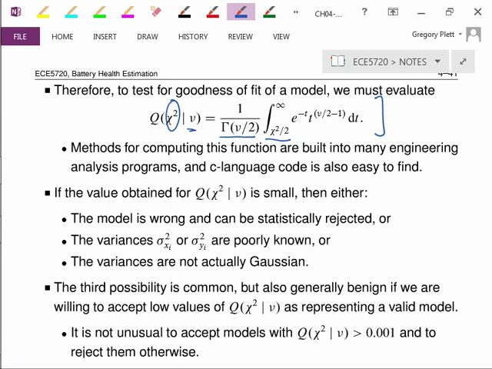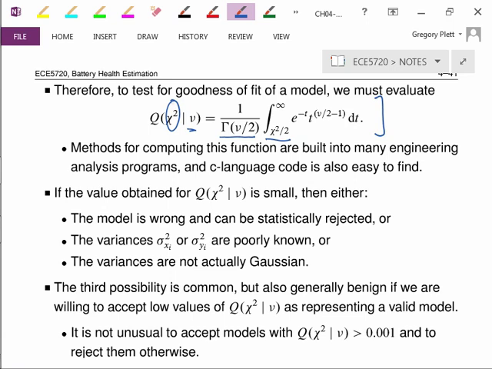If the number is small, close to 0, then one of maybe 3 things has happened. So either the model is wrong. This is not a good model for the data, which either means that it's not a straight line or that my q hat is bad. Then that means that I need to just reject my q hat estimate. I can't trust it. That's one possibility.